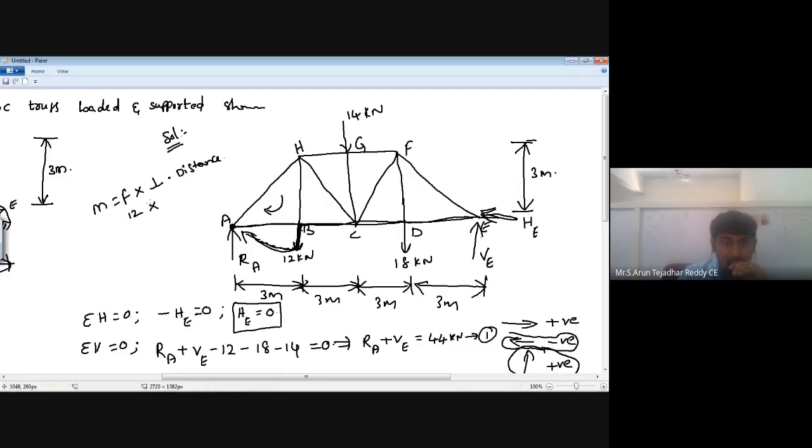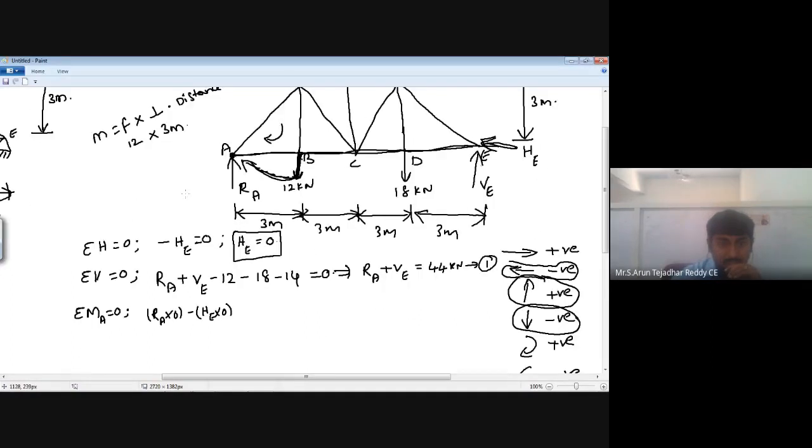The perpendicular distance is 3 meter. So we can write it as plus 12 into 3.